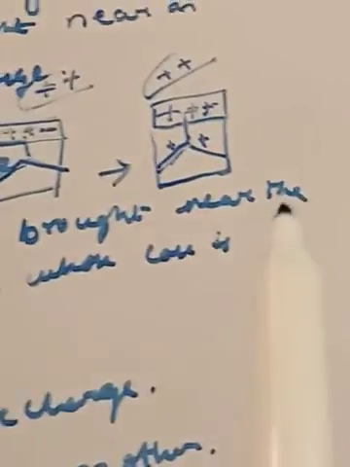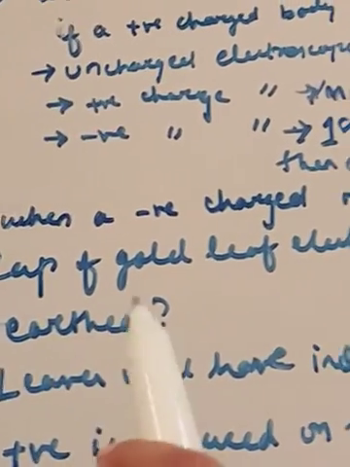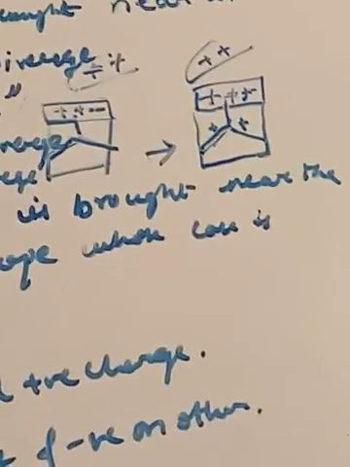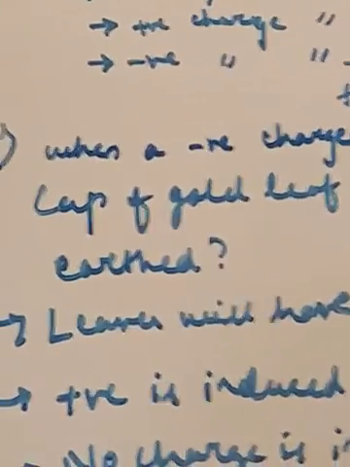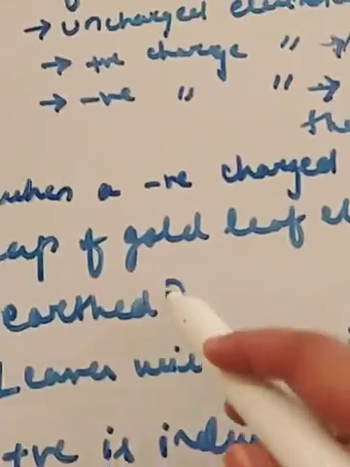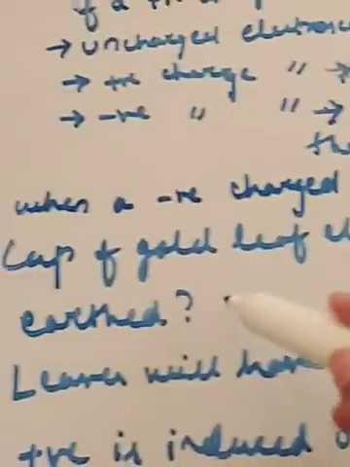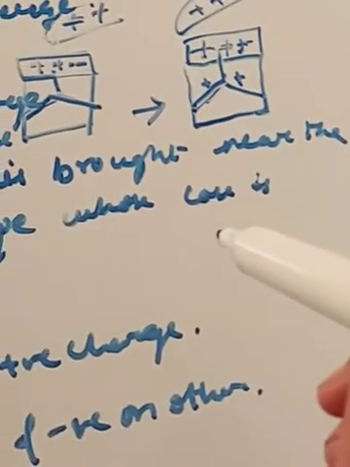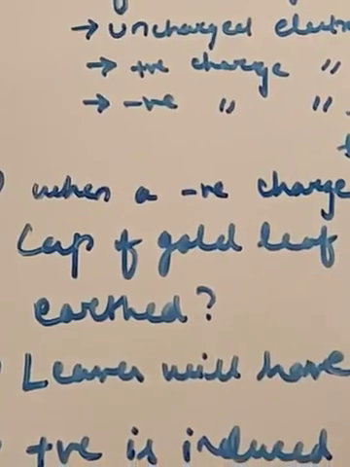Then the next question: when a negatively charged rod is brought near the cap of a gold leaf electroscope, whose case is earthed.